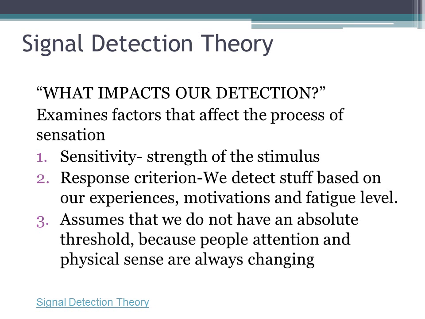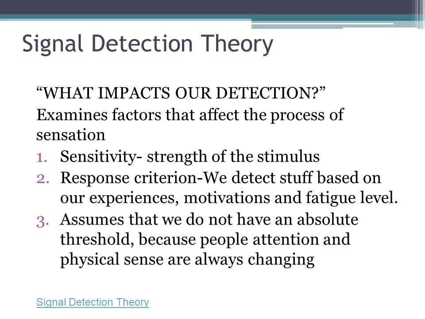Okay, so signal detection theory looks at what really impacts our absolute thresholds or our senses, and whether or not we're going to respond to a stimulus. One factor is sensitivity, the strength of the stimulus. Another is our response criterion: we detect stuff based on our experience and our motivation. I might be more willing to hear something, particularly if I know it's coming or I'm waiting for it.